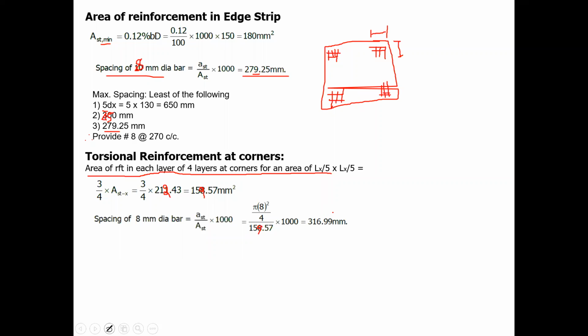Okay, 316. As per the codal provision, you have to consider the least, right? So the least will be 300 mm.